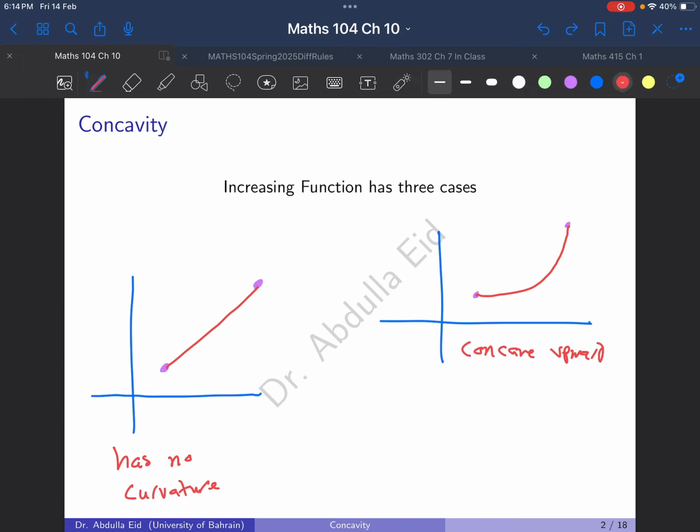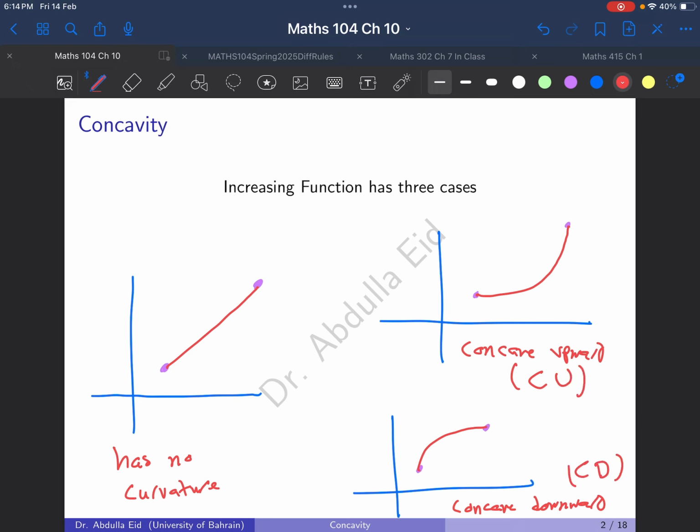And the last one is concave downward, which means it's like this. Of course, concave upward we usually write as CU, and concave downward we write as CD.